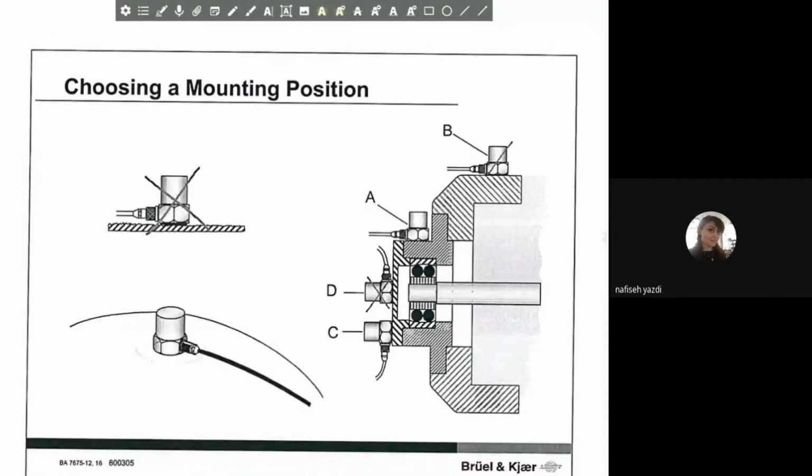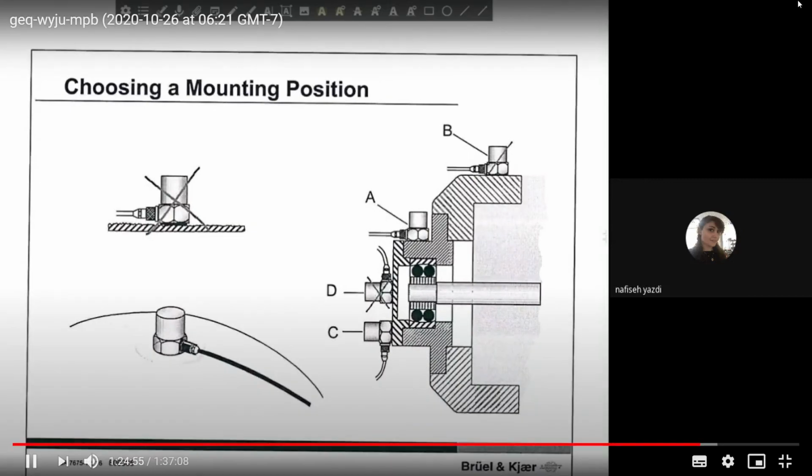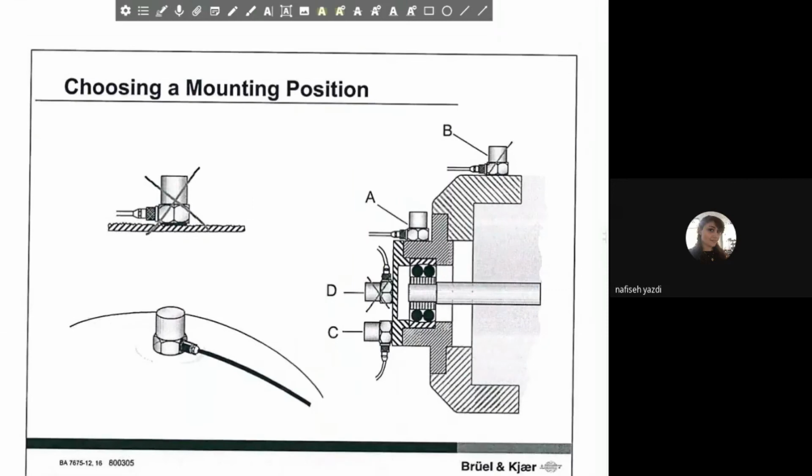Now, let's consider configuration D. As you can see, the accelerometer in configuration D is placed on the cover of the bearing and shaft system, a sort of plate that is protecting the shaft and bearing from the outside environment.